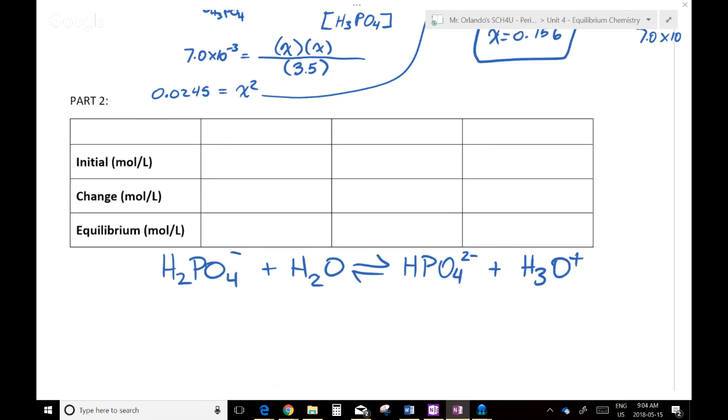So, what are my column headings going to be here now for this equilibrium? H2PO4 negative, the concentration of, and yeah, and the last one.